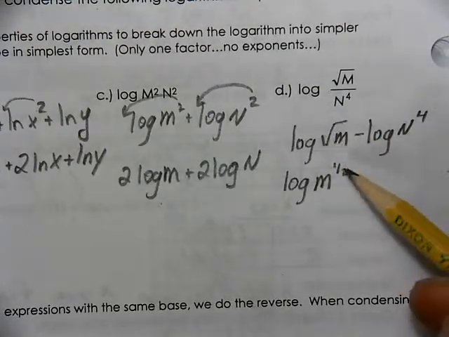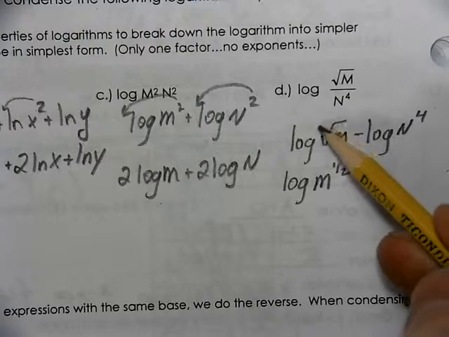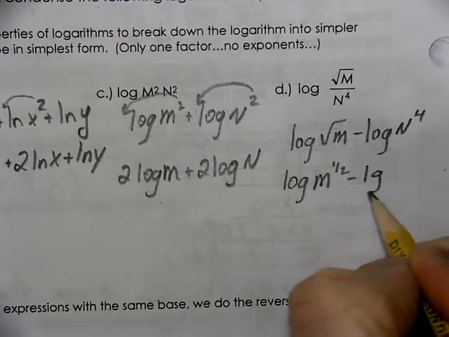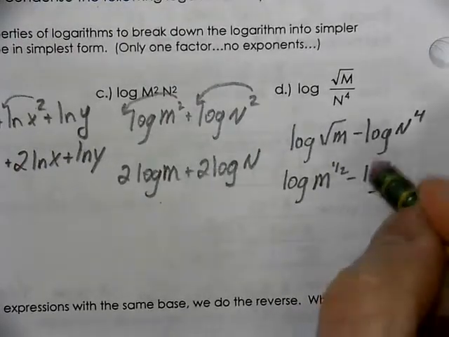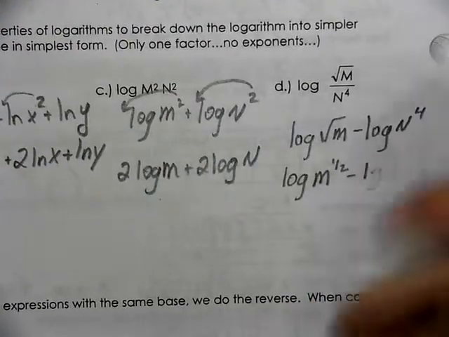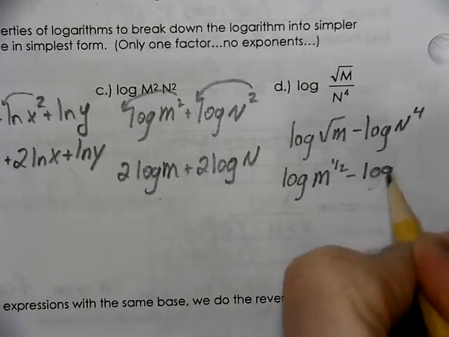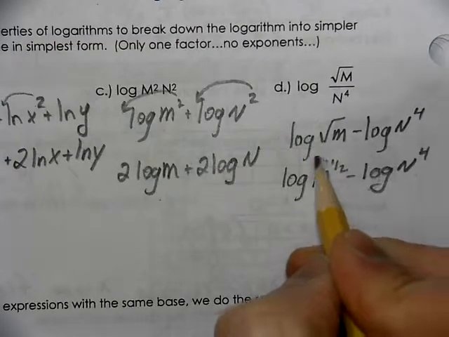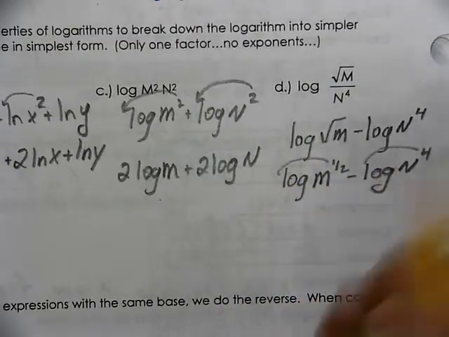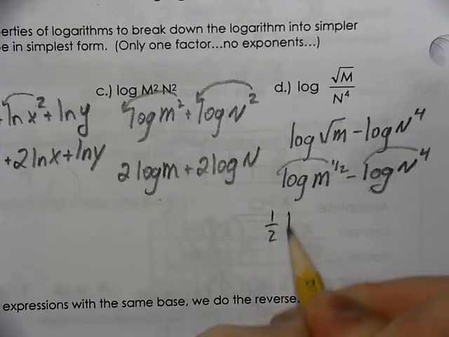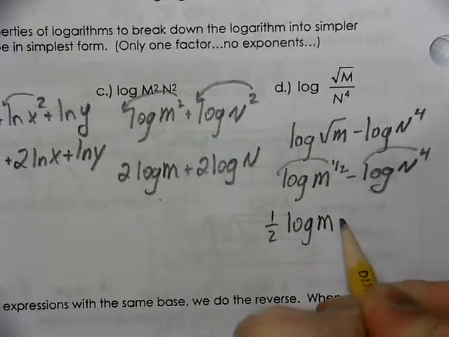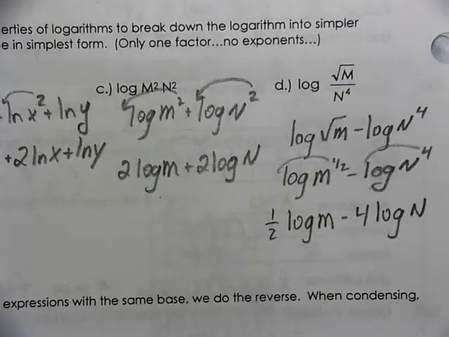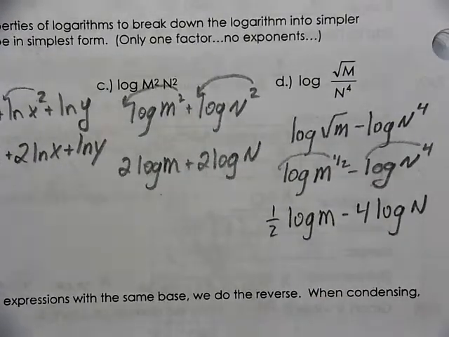If it's a square, we know that the denominator is a 2. If it's a cube root, we know it's 1/3. So we're going to bring that exponent into the front. And we're done.